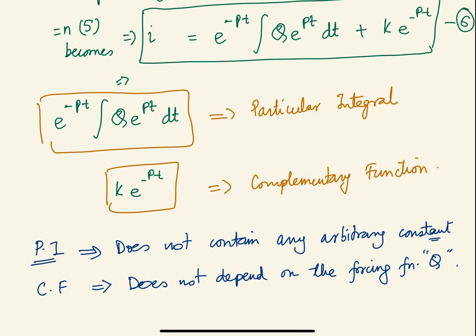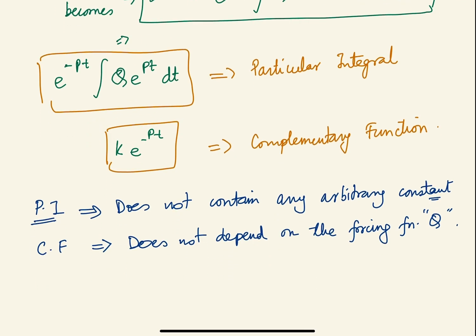It has only P and Q terms, where P is the constant of the circuit and Q is the forcing function. When we say there are no arbitrary constants, we mean that no unknown constant is present. All of the parameters present there are known. And the complementary function does not have the forcing function term; the input term is not present there.